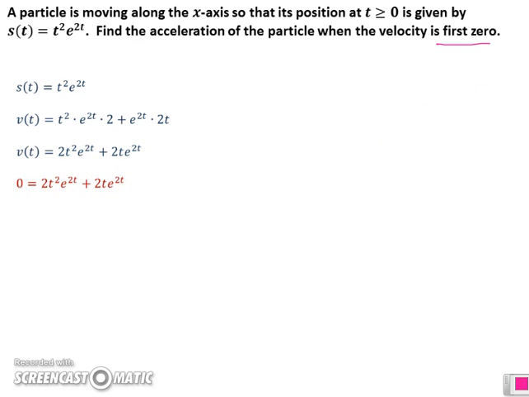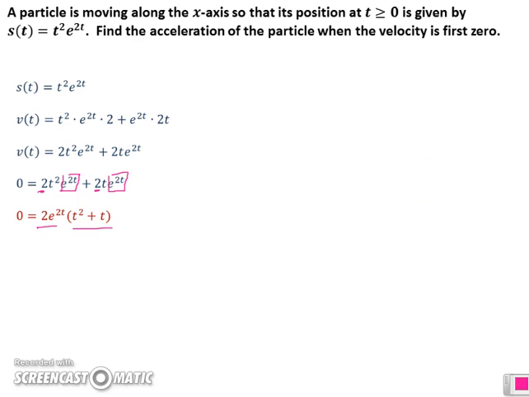This is not like your typical quadratic situation because of the e, but you can still factor it. Take out the common terms, which happen to be the 2 and the e for both terms. They both have that as part of each term, so you can factor it out. And then you're left with two pieces that are being multiplied.